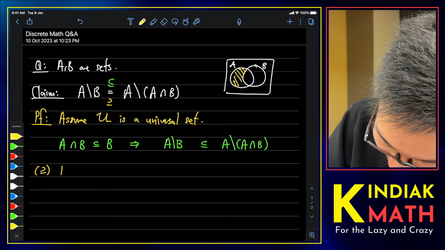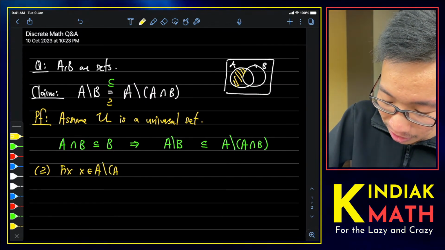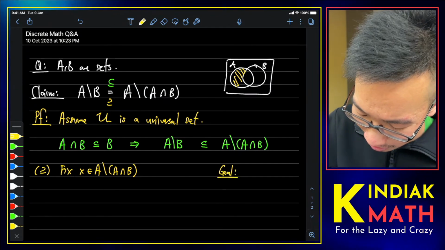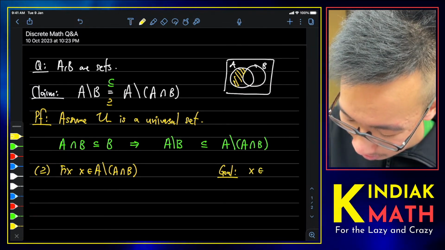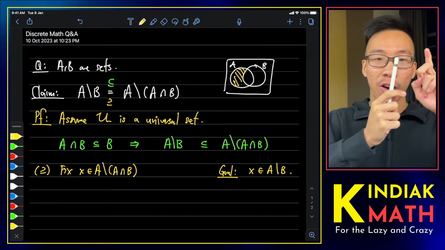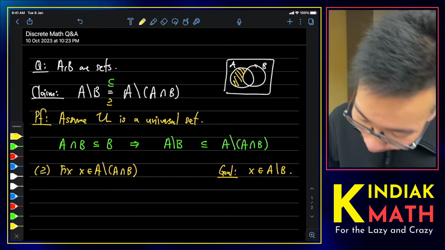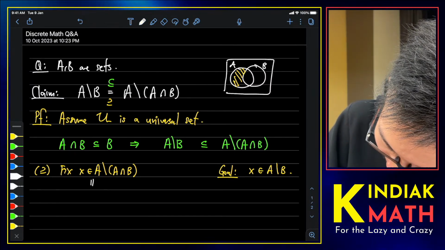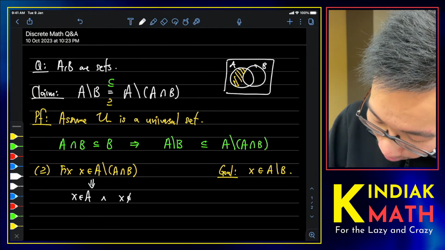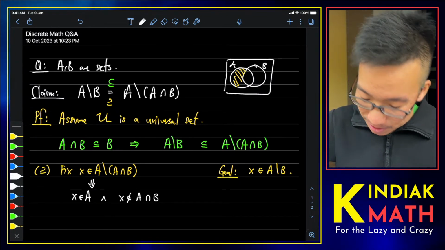We fix some element x inside A exclude A intersect B. Our goal is to show that x belongs to A exclude B. So we chase the element from A exclude A intersect B all the way to A exclude B. This tells us that x belongs to A and x does not belong to A intersect B.